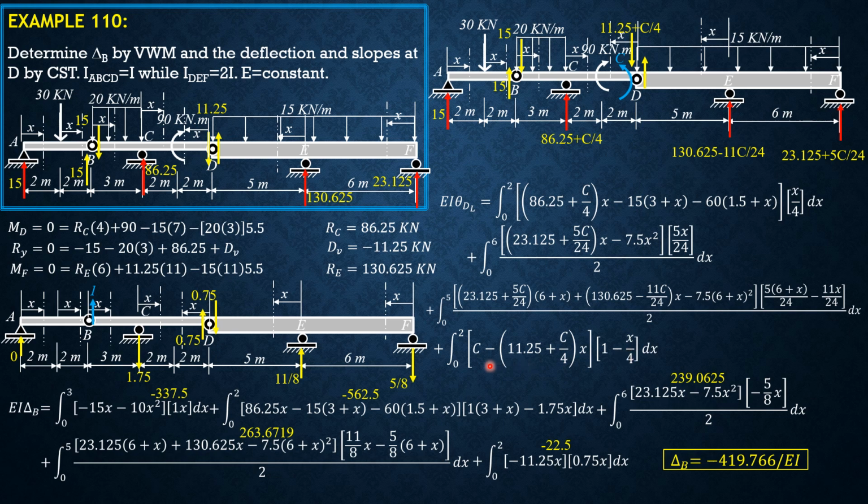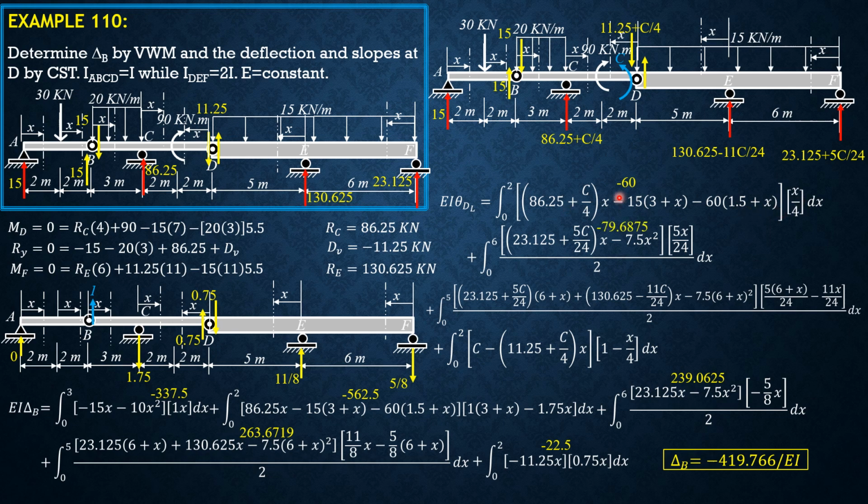Then moment of inertia is 1, so that's why we do not divide everything by 1. So take note that c is just invented, so prior to integration this is set to 0. So 86.25x minus 15, 3 plus x minus 60, quantity 1.5 plus x times quantity x over 4 dx. So that's the expression to be evaluated.